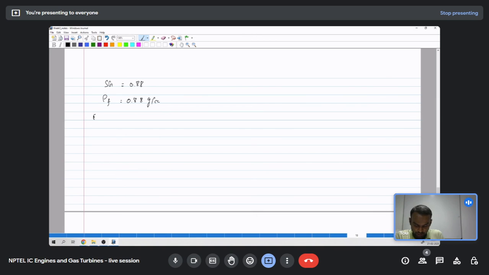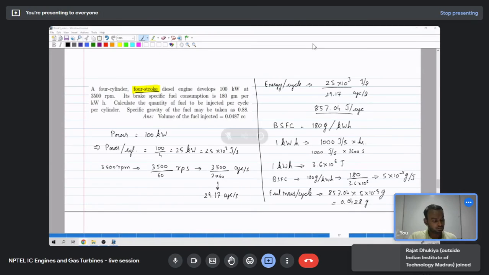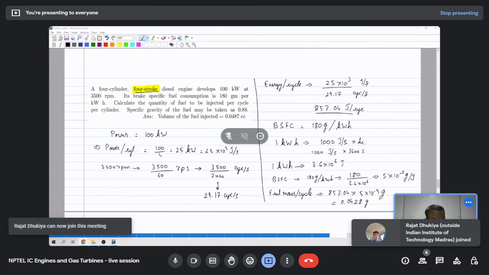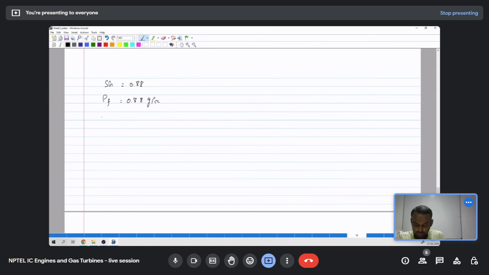And the mass of fuel is 0.0428 grams per cycle.